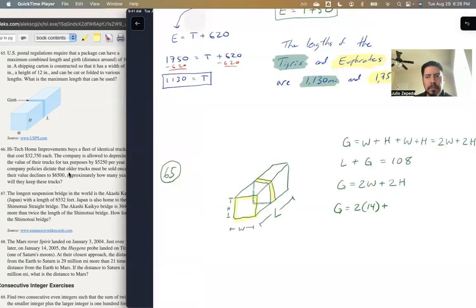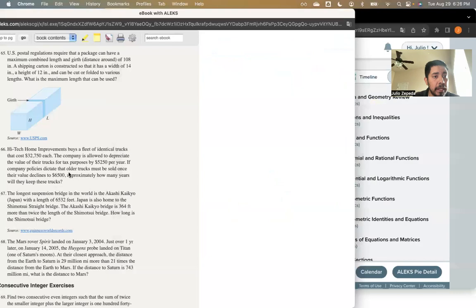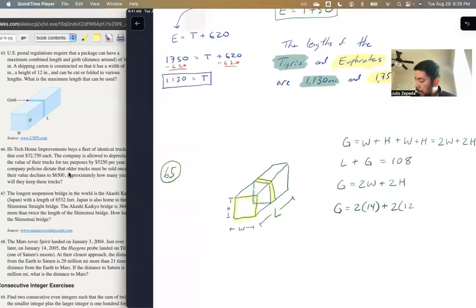You can tell I didn't do this problem ahead of time. That's okay though. You're seeing the problem solving process here. And so then we have 2 times the height, which is 12 inches.